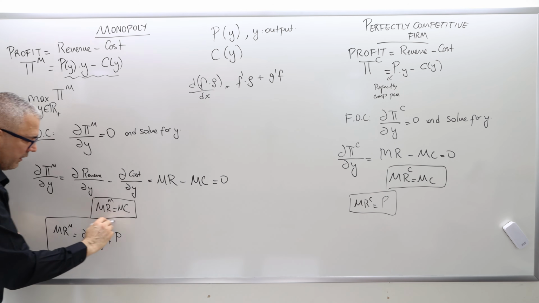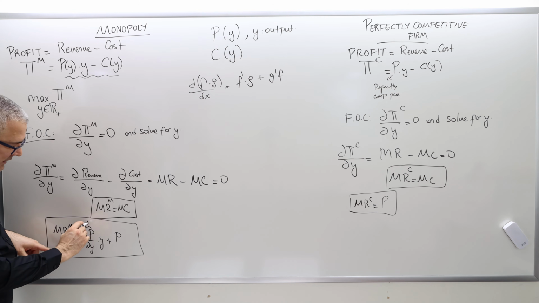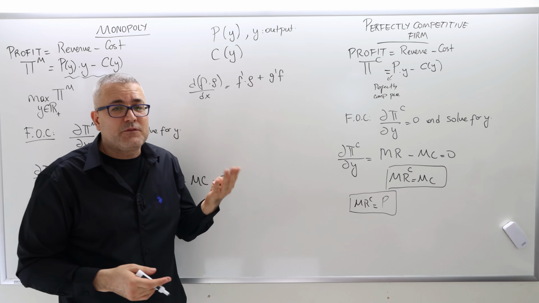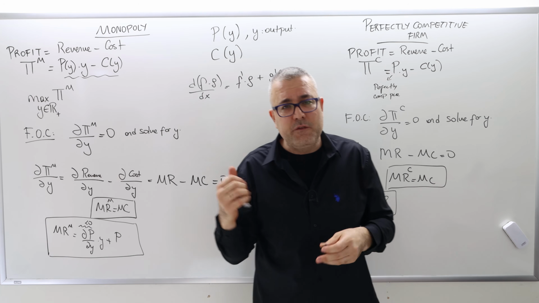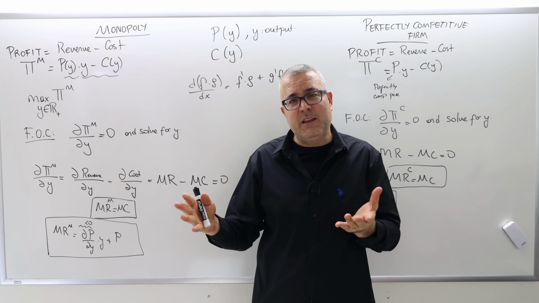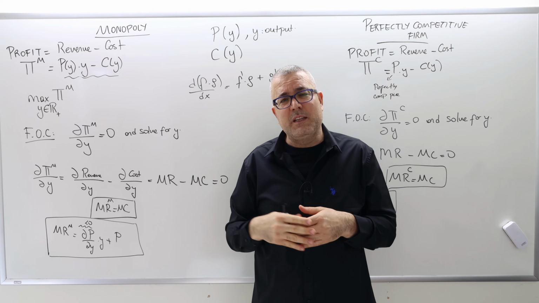However, the marginal revenue of the monopolist is P plus Y times some term. So what do we learn from this? If you look at it, this term is always negative. Why? Because this is a normal good. We talked about the downward sloping demand curve, right?